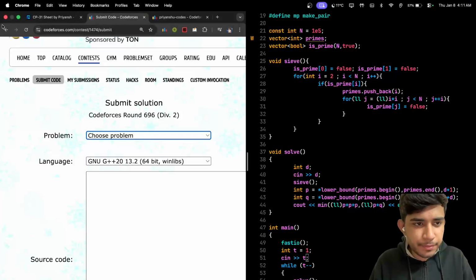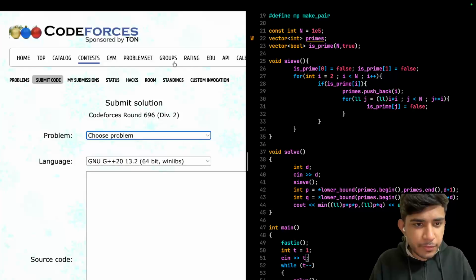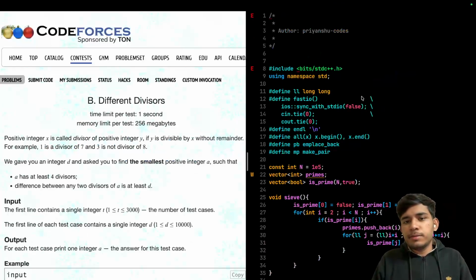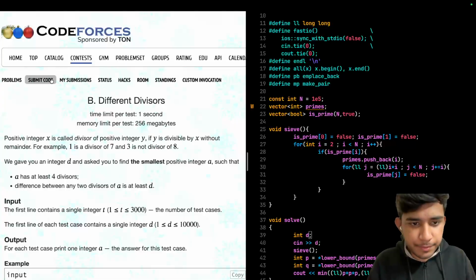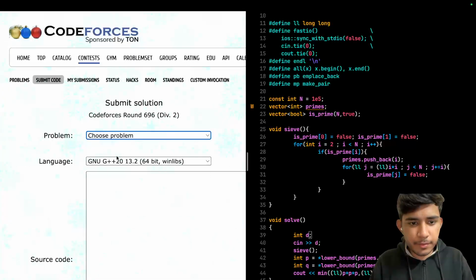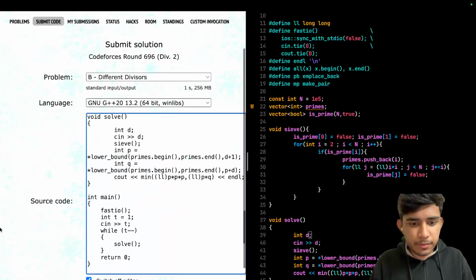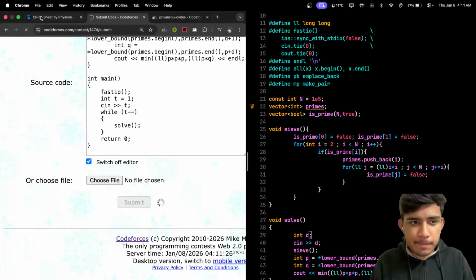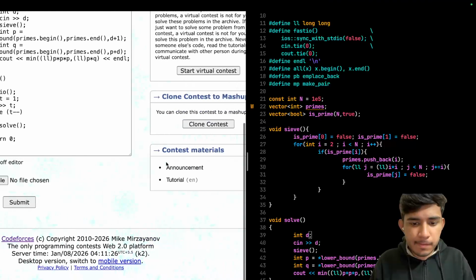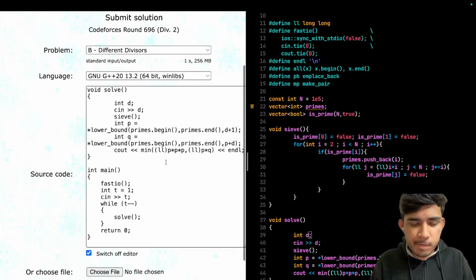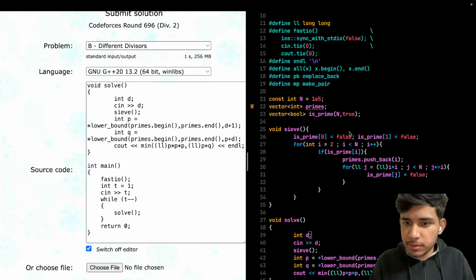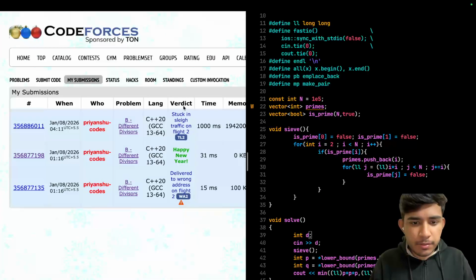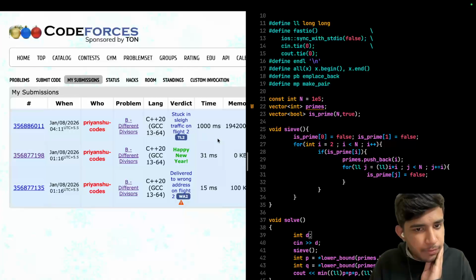Different Divisors, right? We're getting TLE.